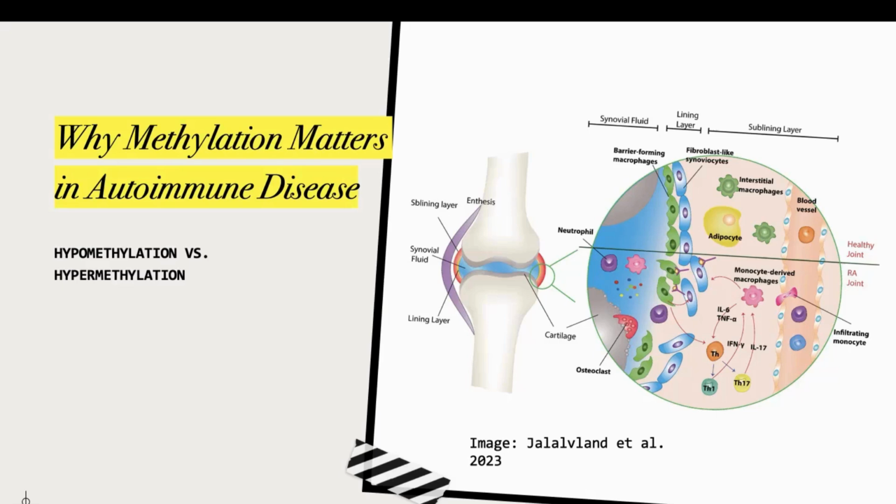So it's going to be the organ or tissues being targeted by the antibodies. And as an example, I'm going to talk briefly about rheumatoid arthritis. It's really well documented that hypomethylation can lead to aberrant gene expression in rheumatoid arthritis.